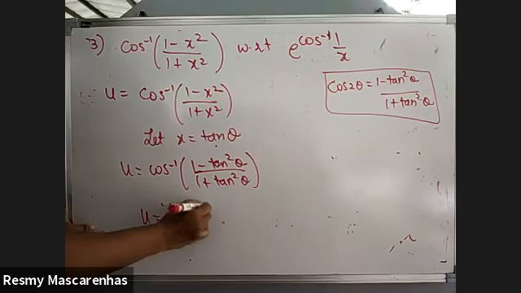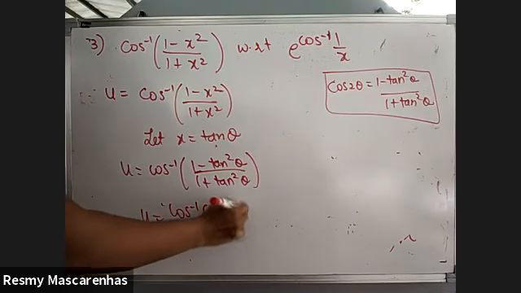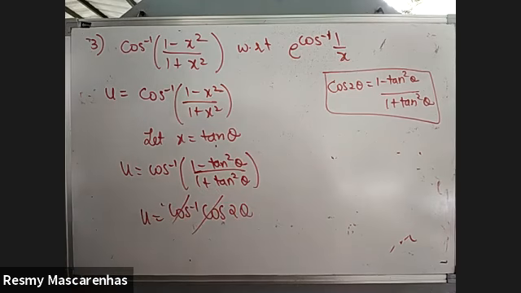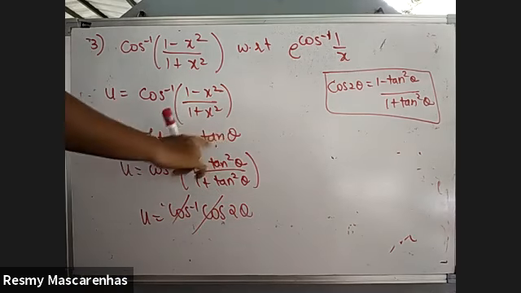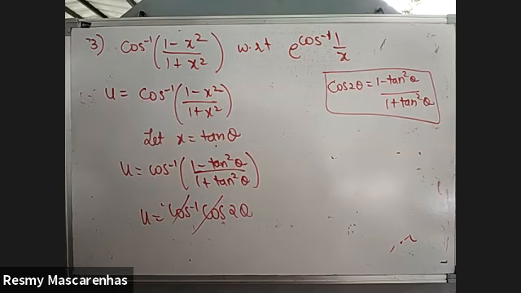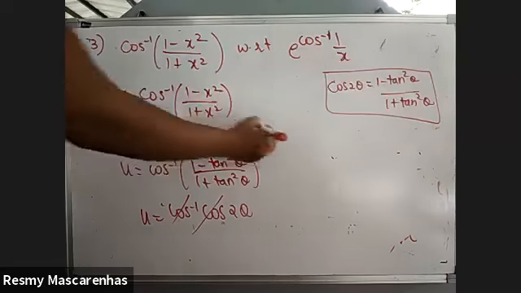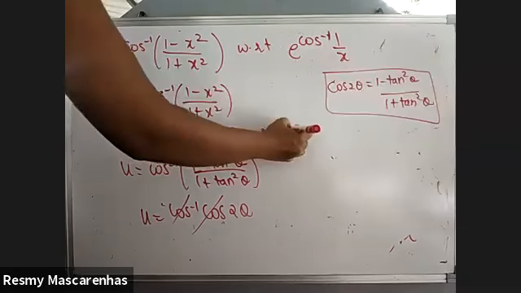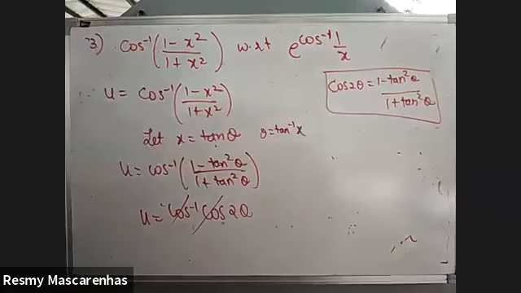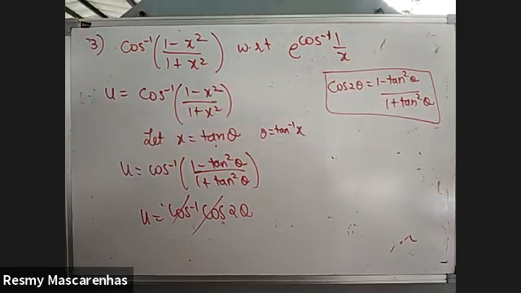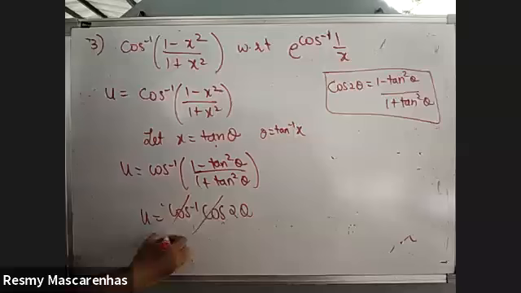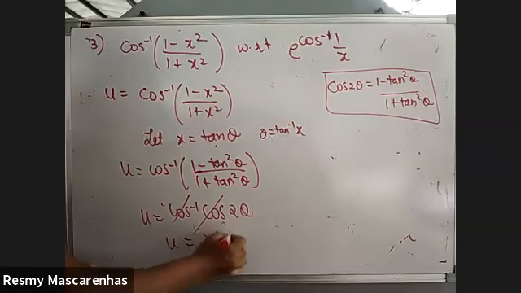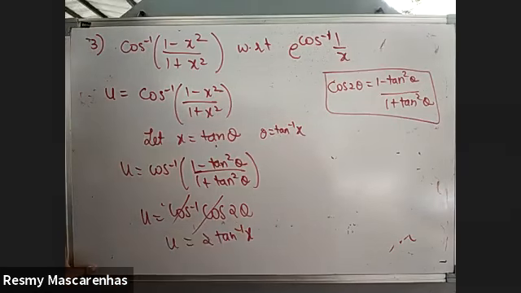So this will be cos 2 theta. Then, what is theta? Theta is tan inverse of x. This I forgot to write. Just substitute back and differentiate. So u will be 2 tan inverse of x.